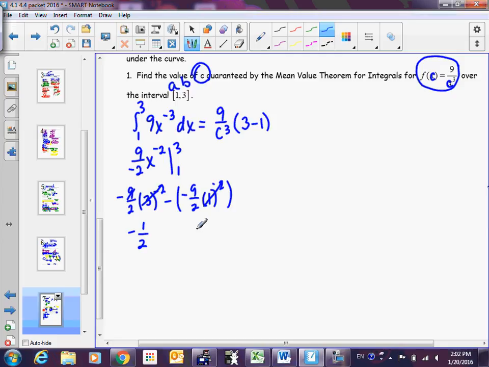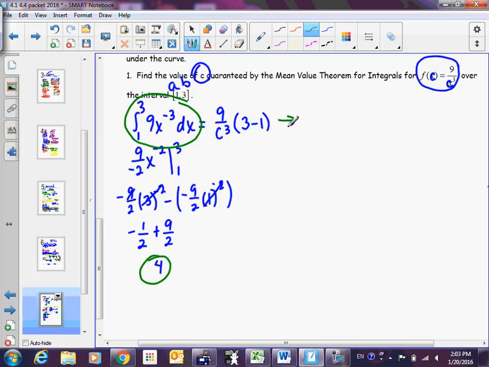It's 1. That's why you're going to see 1 a lot, because it's easy to compute. So we have minus negative 9/2, so I'm just going to go plus 9/2, which is equal to 4. 8/2 or 4. Okay, so this whole left side is equal to 4.